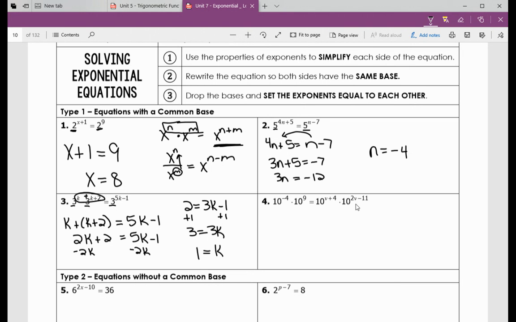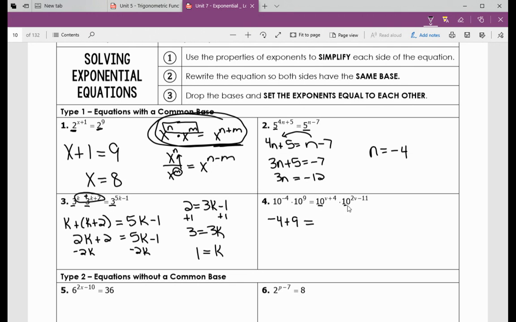Now, in example 4, they're using this property again. It's just an additional example to remind you that when you have like bases and you multiply them together, you add the exponents. So negative 4 plus 9 on the left gives me 5.